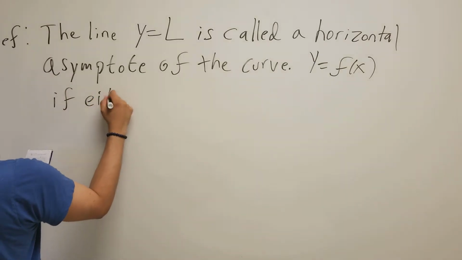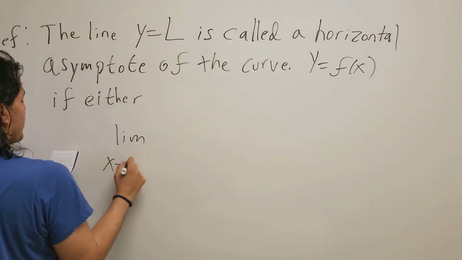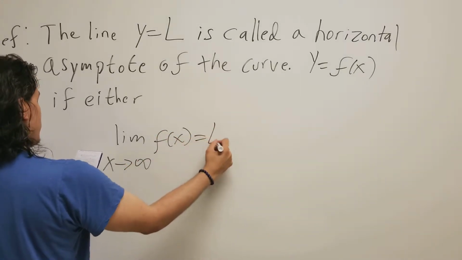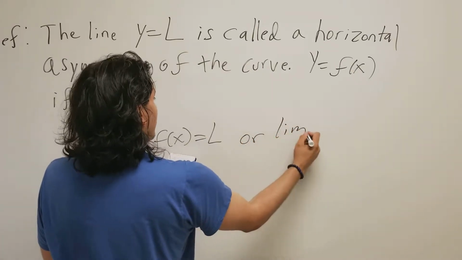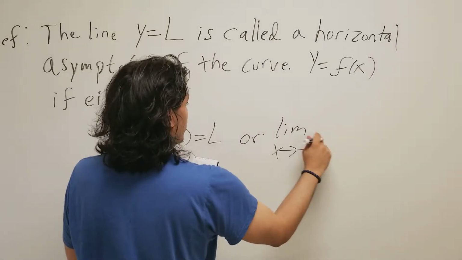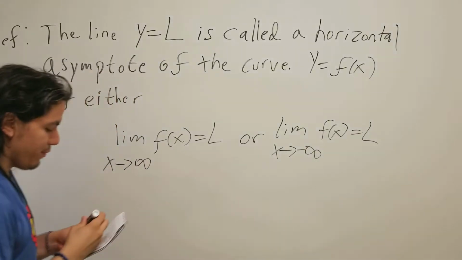if either the limit as x approaches infinity of f of x is equal to L, or the limit as x approaches negative infinity of f of x is equal to the same value.